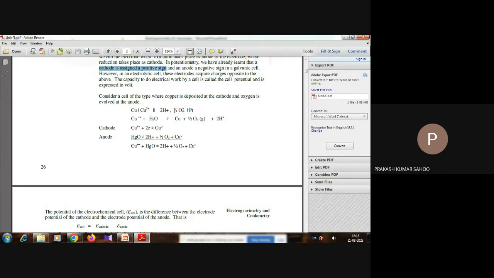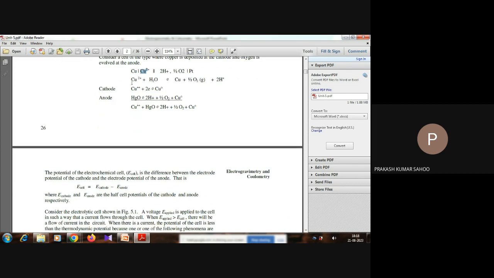So oxygen will be liberated at the anode and copper is deposited at the cathode. The net equation will be Cu2+ reacts with water to give copper metal plus half O2 at the anode plus H+ ions in the solution.